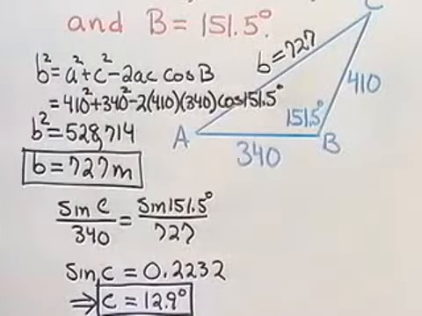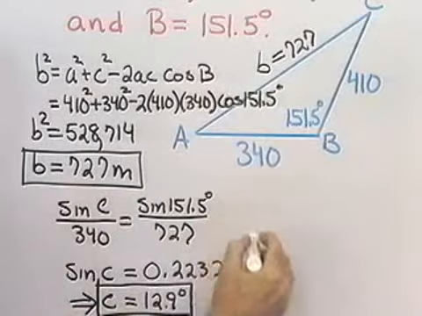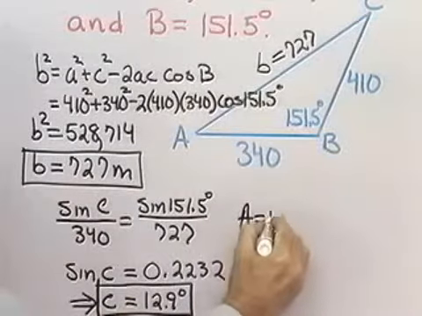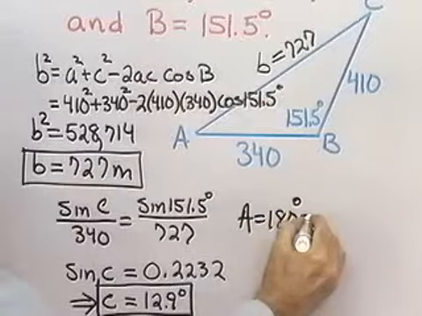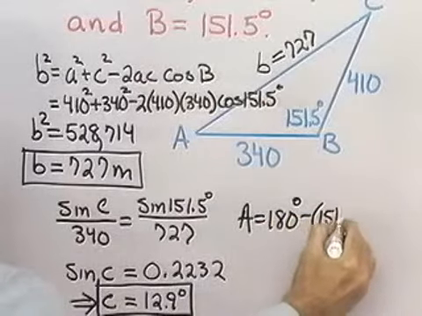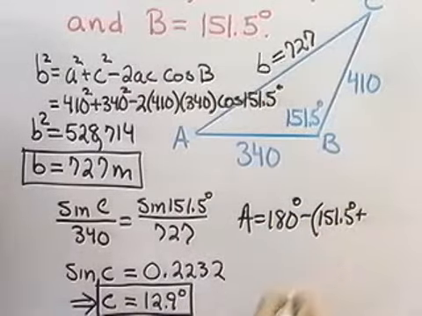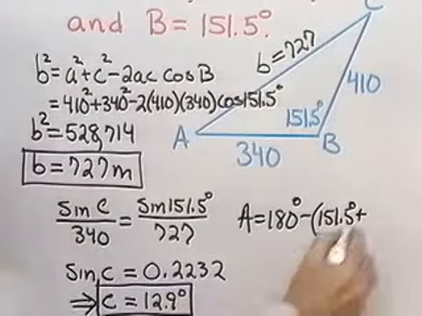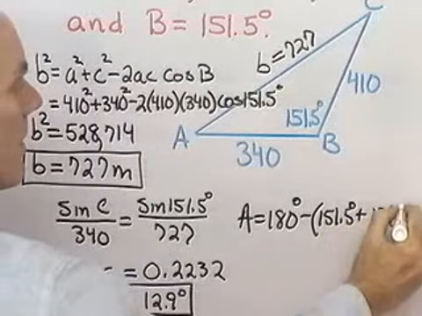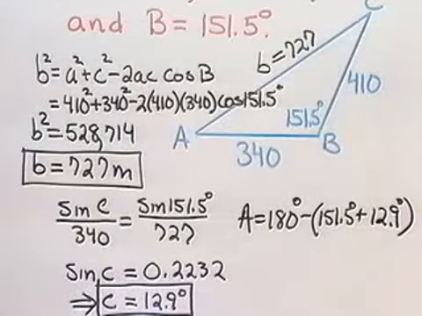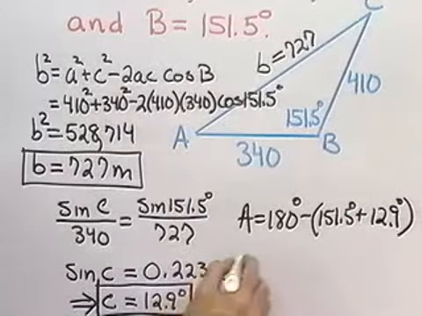The last thing I have to do is find angle A. Angle A will be 180 degrees minus 151.5 degrees plus my 12.9 degrees. I've already worked that out also, and that comes out to be 15.6.